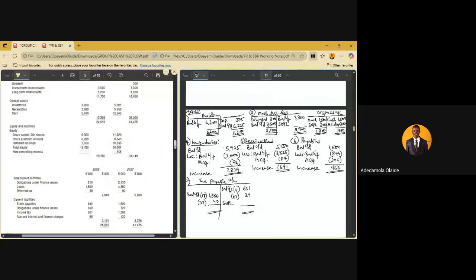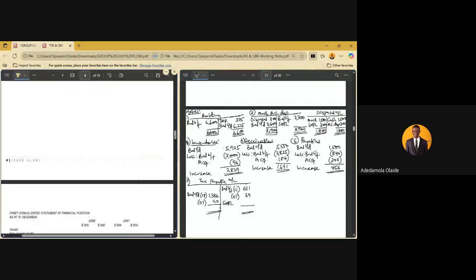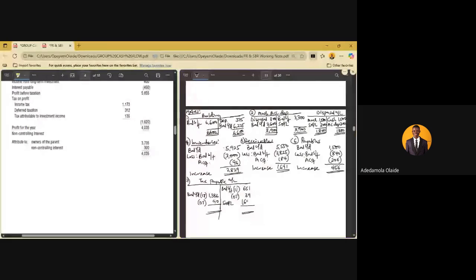In our SOPL, what do we have as tax? 1620 as the total tax, regardless of the particulars they give it: income tax, or deferred tax, or tax attributable to investment income. All join.